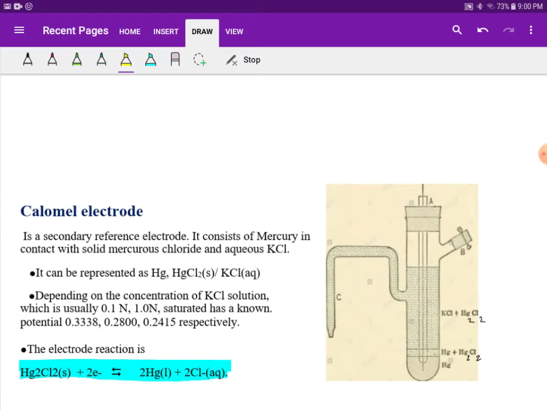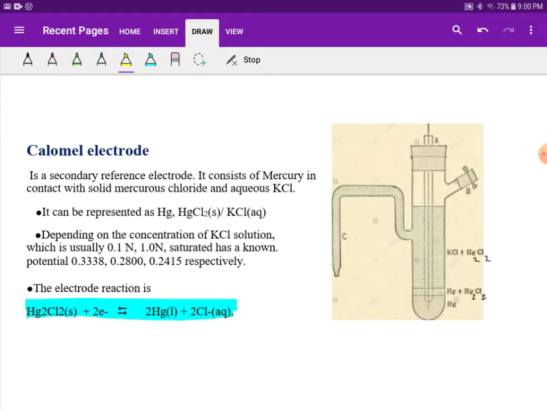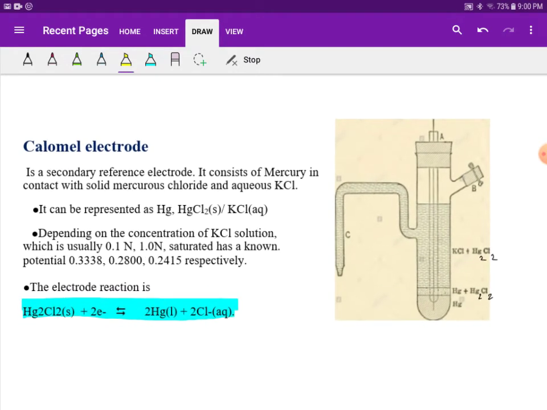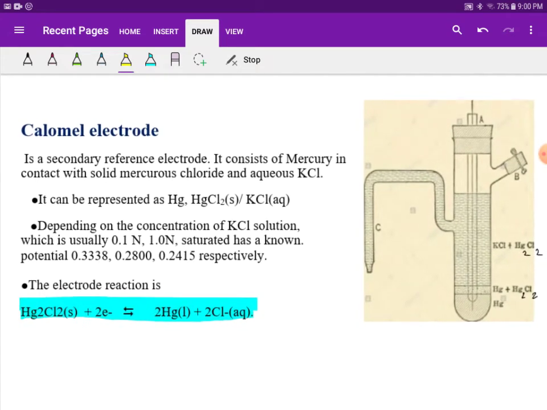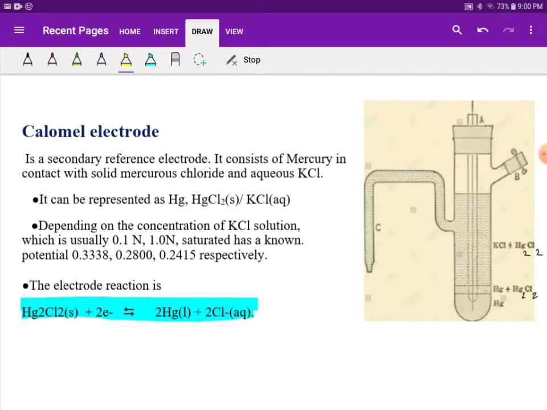Then another single electrode, that is a reference electrode, I wish to mention is the calomel electrode. It is an insoluble metal salt in contact with a soluble salt containing the same anion of the salt.